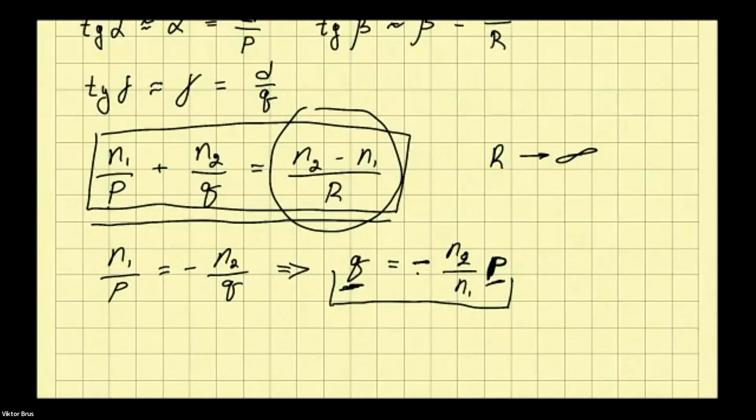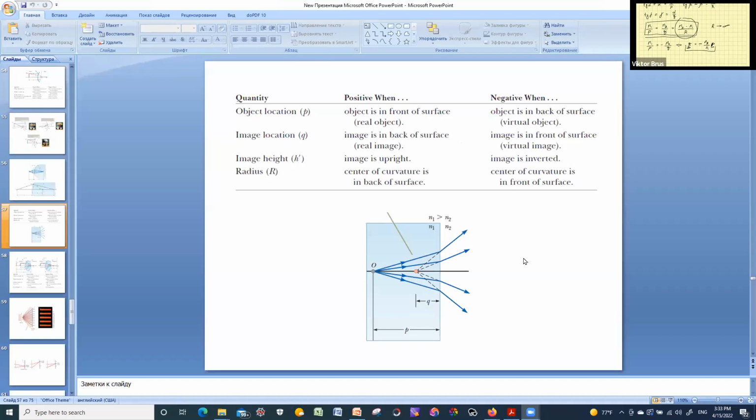So let me share my screen again to make our discussion more illustrative. That is the flat interface, with radius of curvature approaching infinity. This is our object. These are rays which come out from the object, hit the interface, and are refracted.